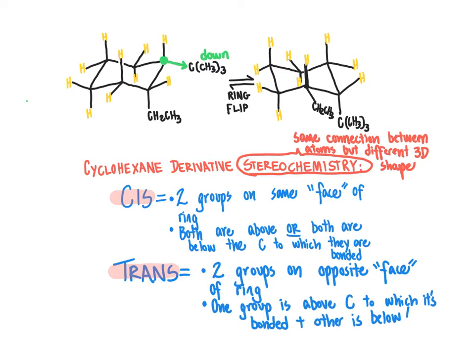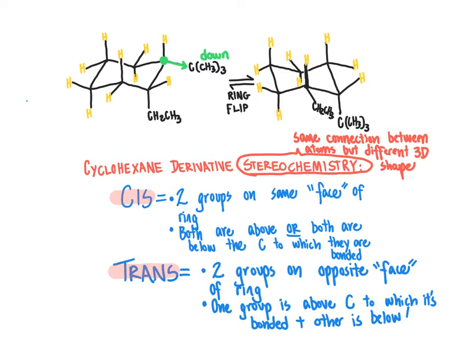You could have two groups that are both axial that are trans, two groups that are both axial that are cis. We need to define cis and trans by how the group is located relative to the carbon atom that it's bonded to, not really using axial and equatorial as a reliable way to assign that.